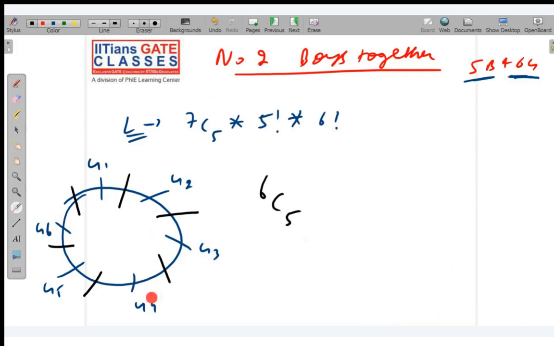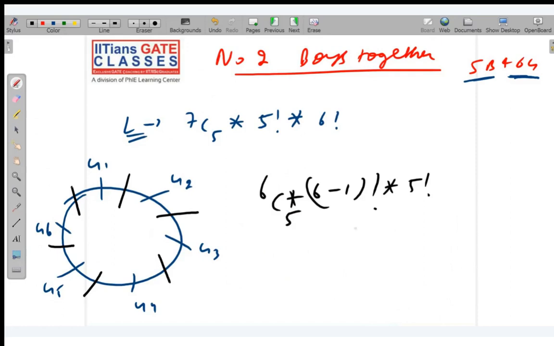So 6 girls are there, so obviously 6 minus 1 factorial ways to arrange the girls. Now girls have been arranged in a circular fashion, and now I will put the boys. So how many ways to put the boys? Obviously, see how many places are there for the boys? 5 places we have taken. So obviously 5 factorial multiplied by 5 factorial.